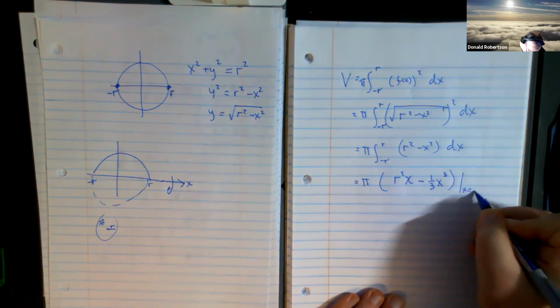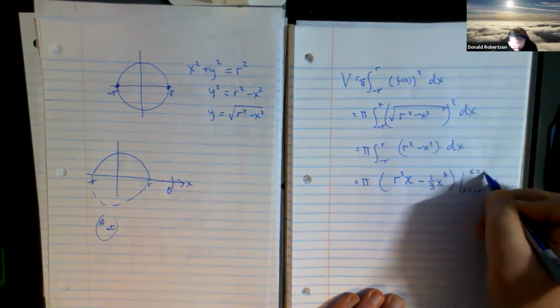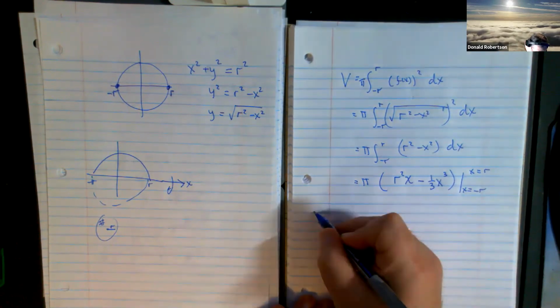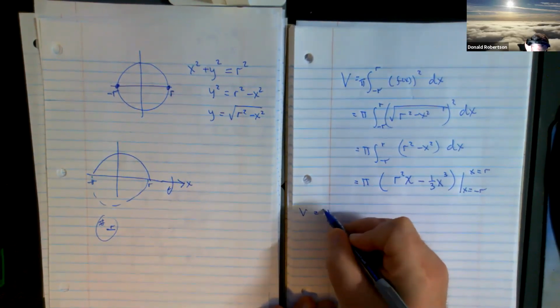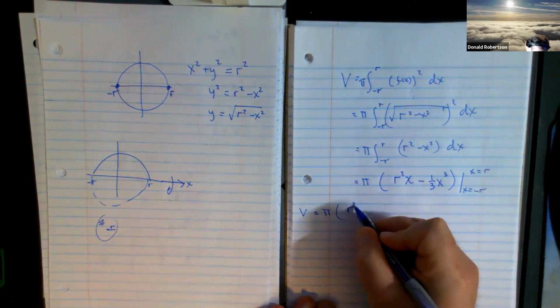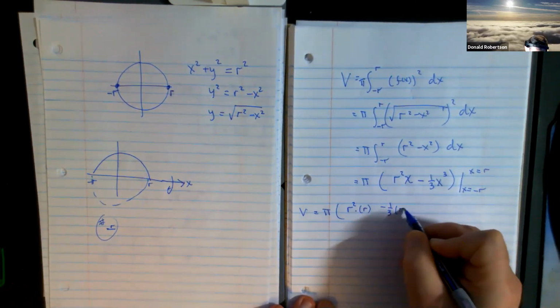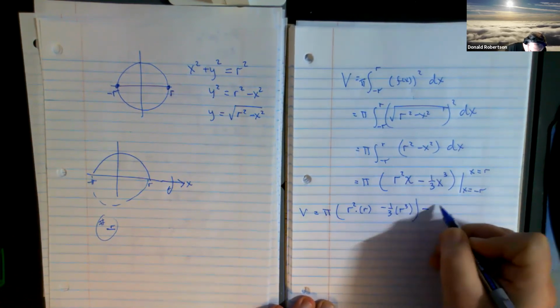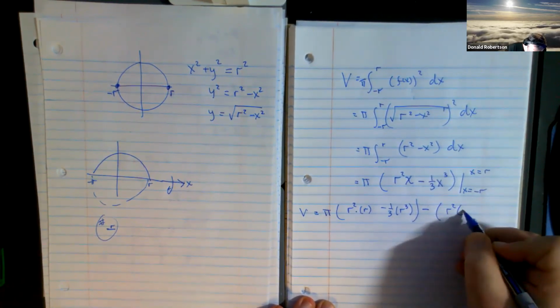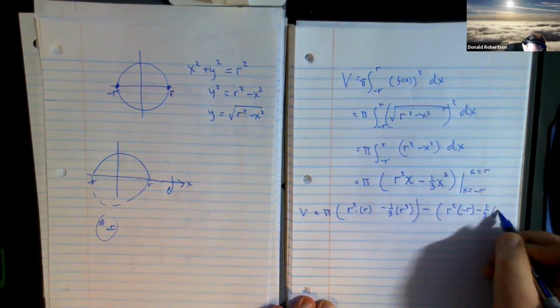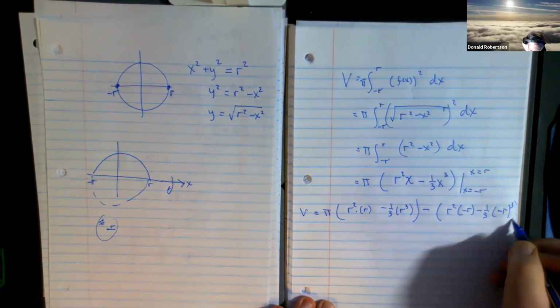And I'm going to evaluate it from x equals negative r to r. So it's going to be r squared times r, take away 1/3 r cubed, minus r squared times negative r, take away negative 1/3 negative r cubed.